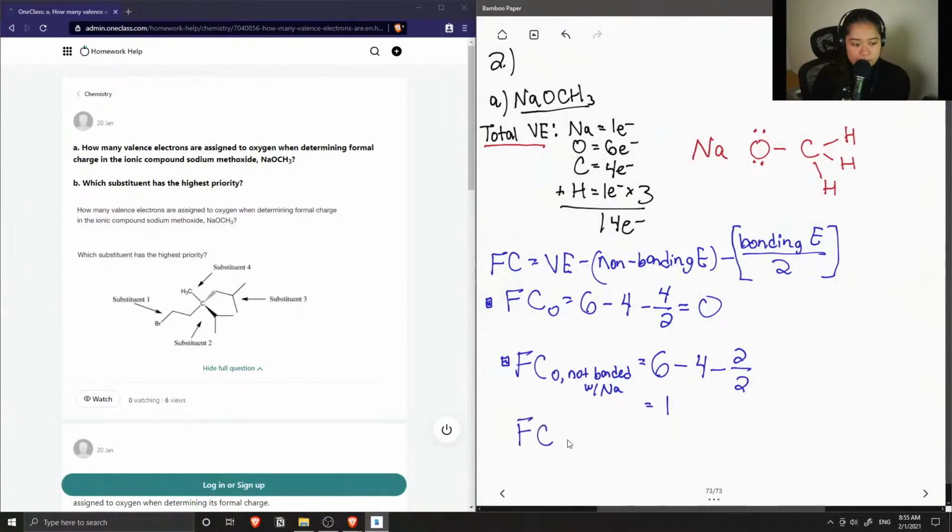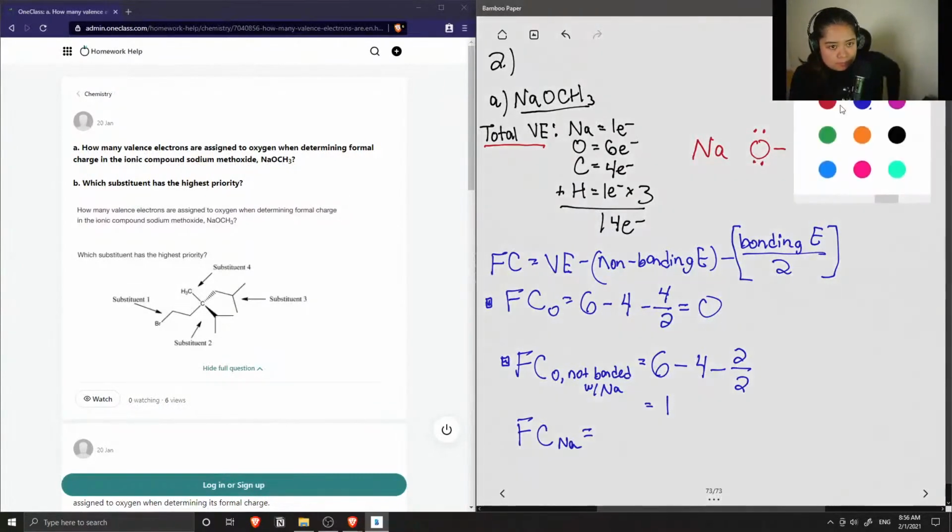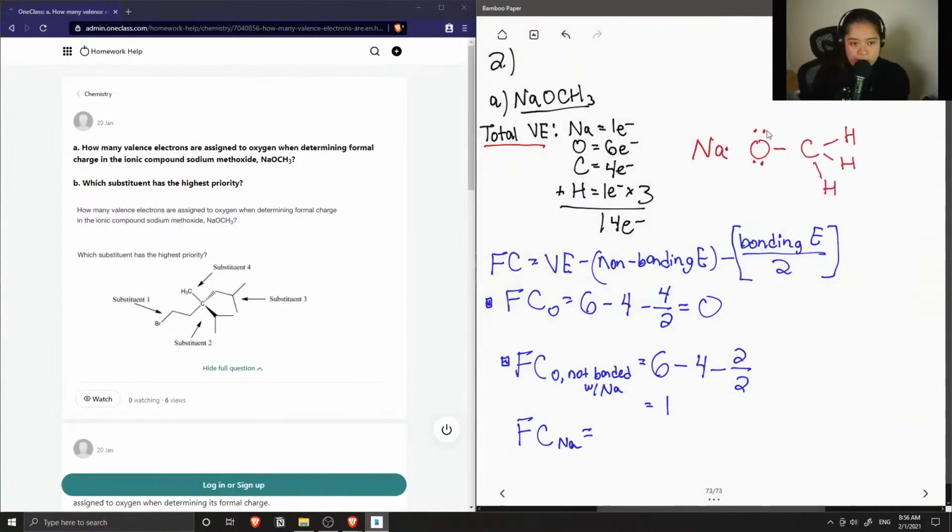And let's do the same thing for the sodium. We can show that the sodium will donate, or give, its electron to the oxygen, like so.